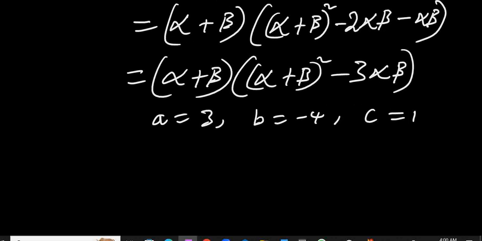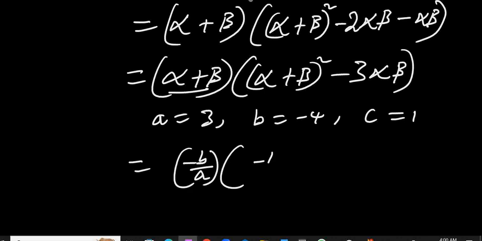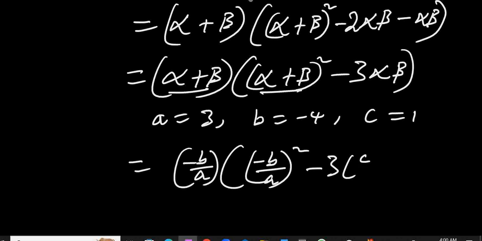So we can write this, which is the sum of root now, as negative b over a, and this negative b over a squared, negative 3 times product of root, which is c over a. Good.